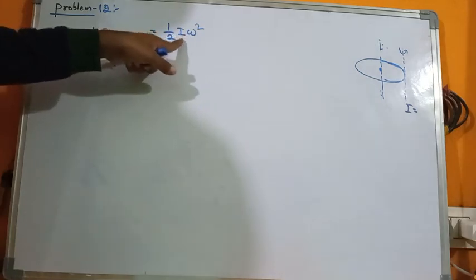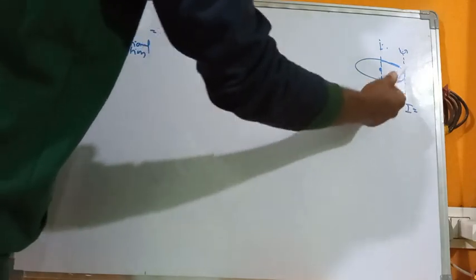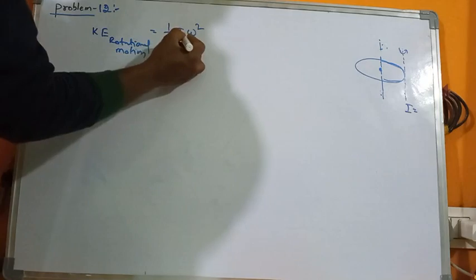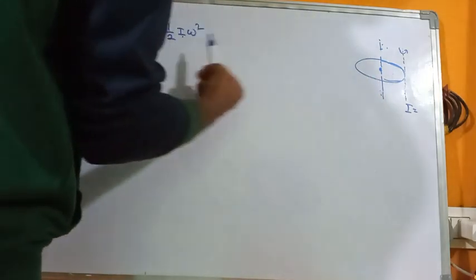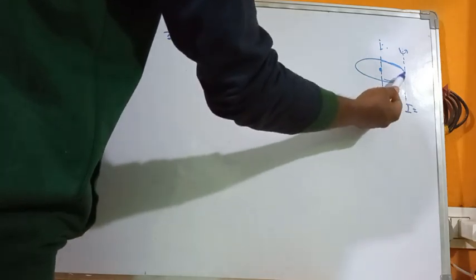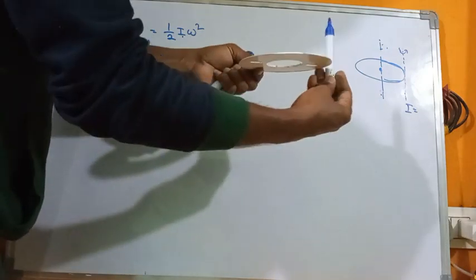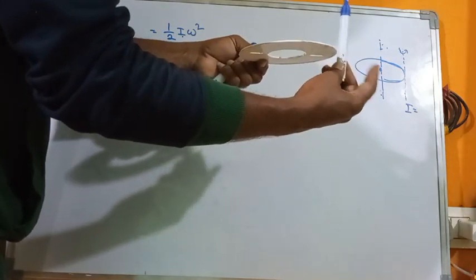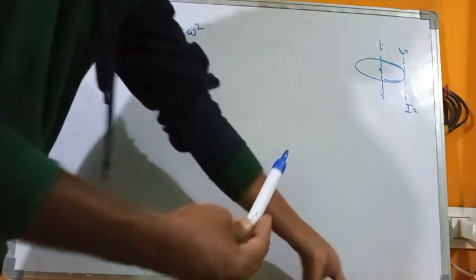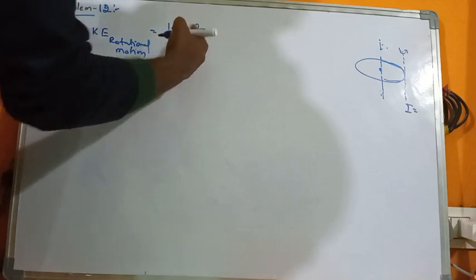Here I is the moment of inertia of the disk when the axis passes through the circumference. So now we want to find I and also omega.